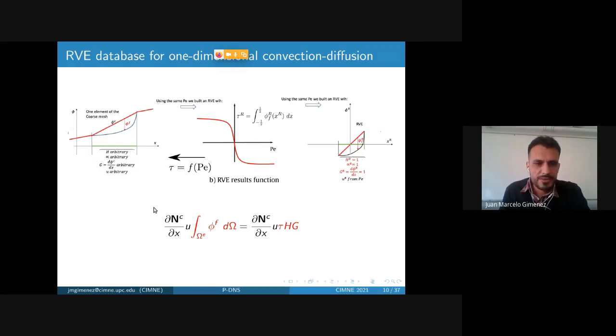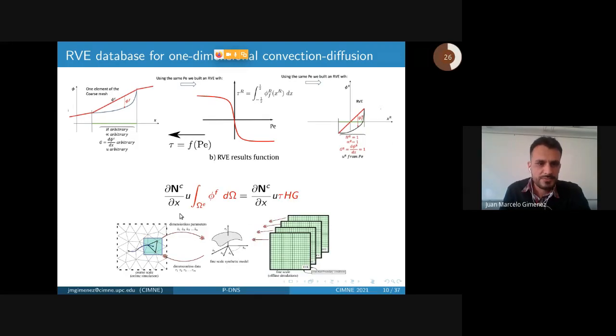Well, so we introduce in the coarse scale equation this term, and we finish with the methodology. So we have an online solution in a coarse scale, offline solutions in a fine scale, and some synthetic model, but here it is just a 1D curve, a function which depends only on the Peclet number of the element, and some dimensionless data that is exchanged between the scales.